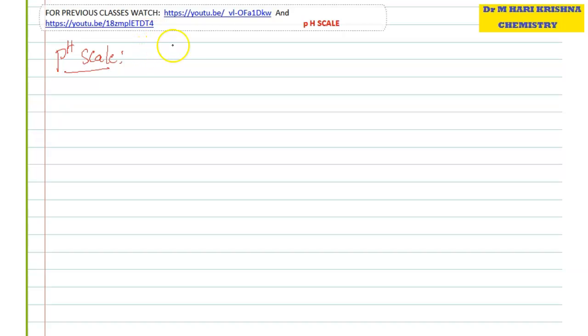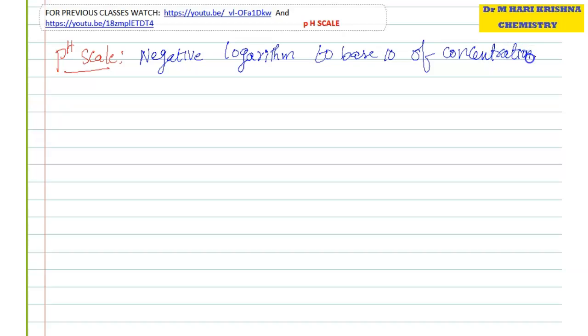So pH is defined as the negative logarithmic value, base 10, of the concentration of hydrogen ion. pH means hydrogen ion.